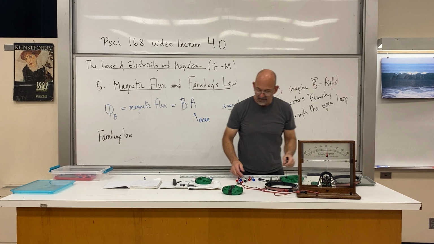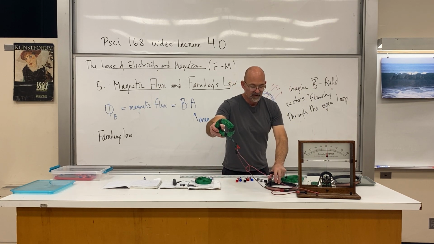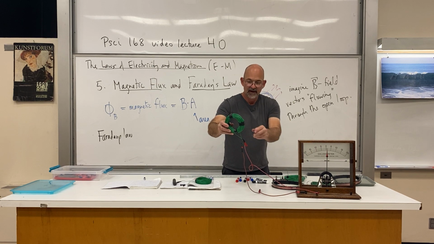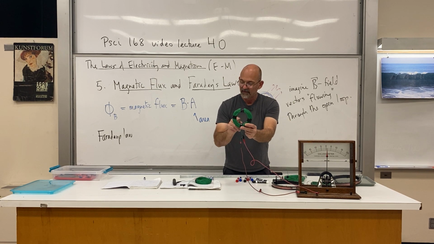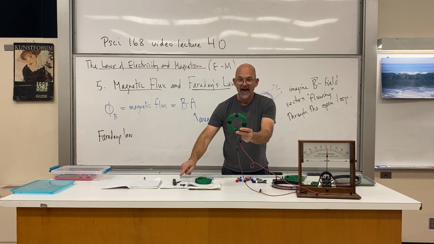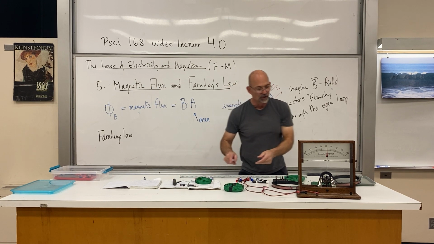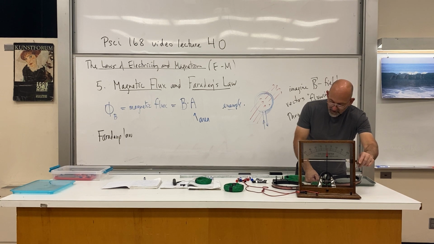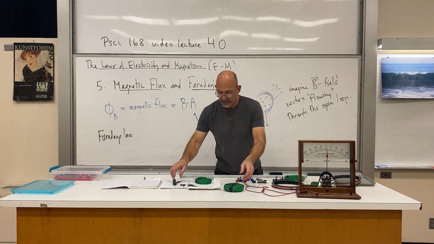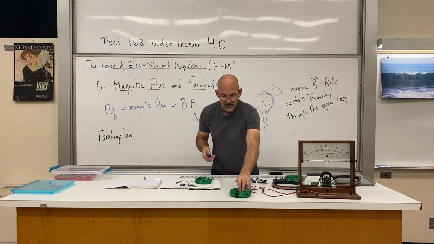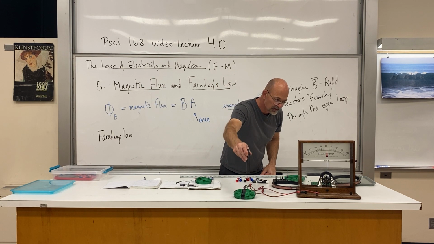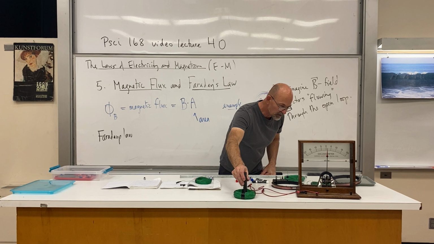And so what I have here, I have this coil hooked up to this galvanometer, and just by moving this in the presence of a magnet, we're going to see the needle move, and it's pretty sensitive, so we shouldn't have any problem. So first of all, I'll just lay this on the table, and I'll approach it from above, and the needle moved. It's going to come to rest.